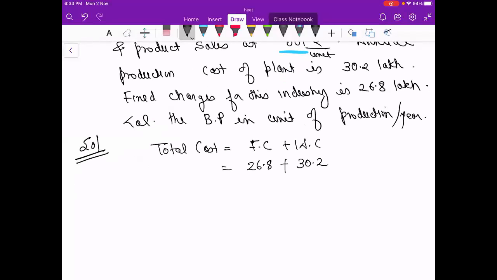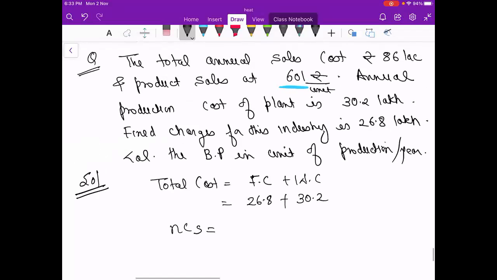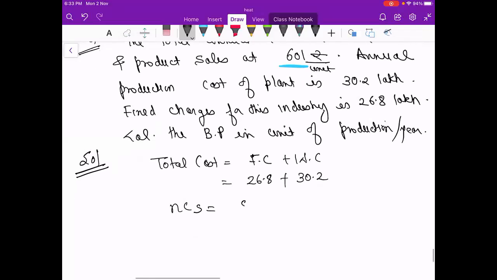Okay, so they have measured that total sales. So we can write that NCS equals to how much? 86 lakh. Okay, and CS is given 601. So what is the value of N you are getting from here? 14310.